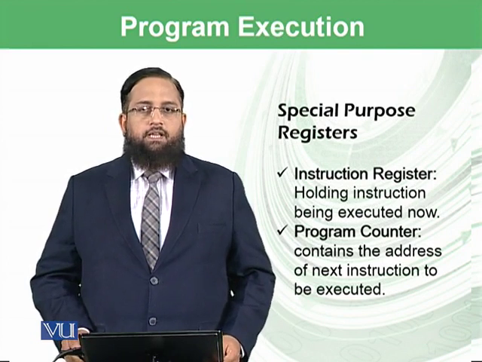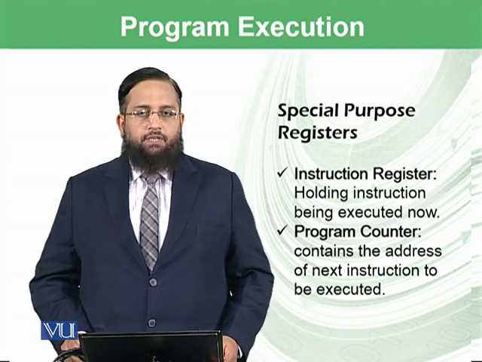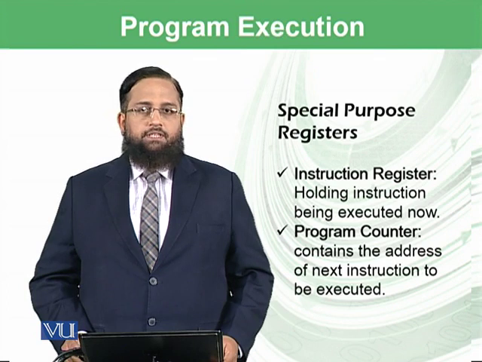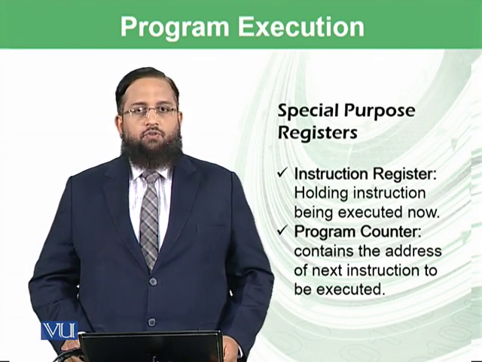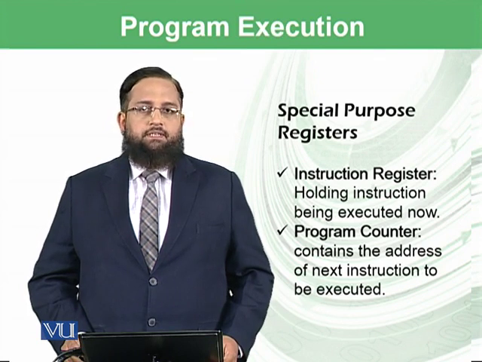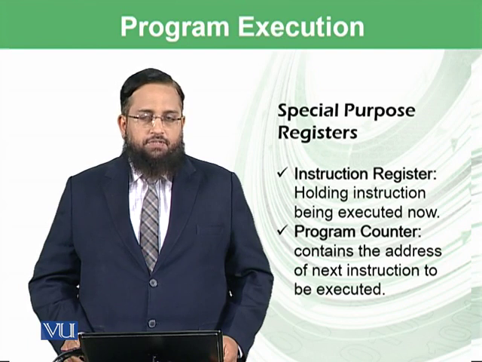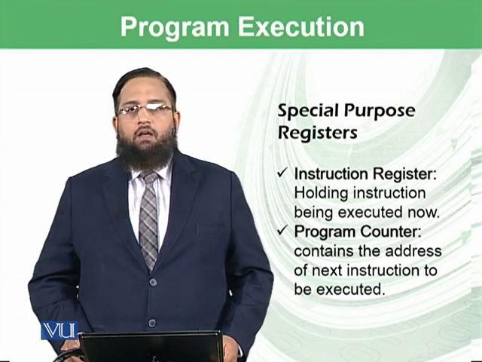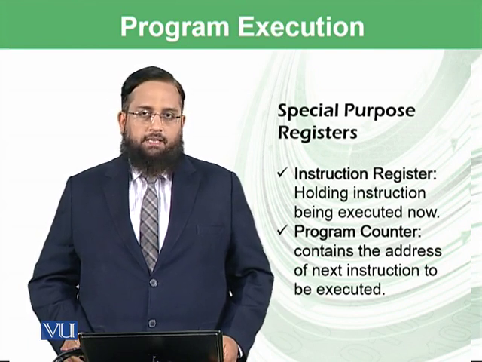For supporting such a program execution, there are two special purpose registers available in the CPU. You might remember when we discussed registers, we only talked about general purpose registers which hold data.